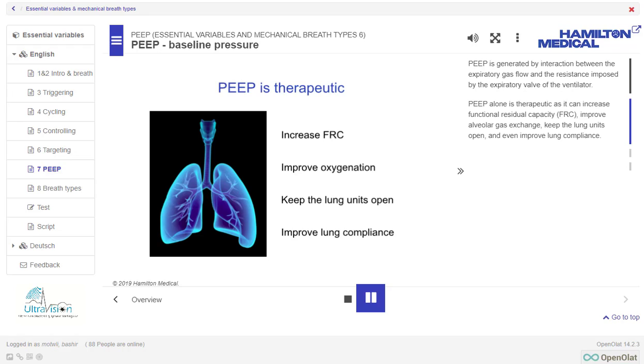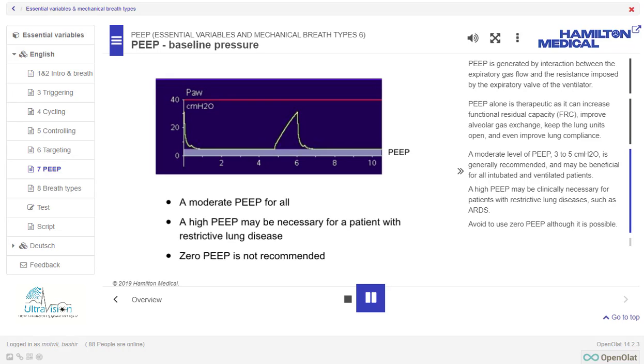PEEP alone is therapeutic as it can increase functional residual capacity, FRC, improve alveolar gas exchange, keep the lung units open, and even improve lung compliance. A moderate level of PEEP, 3 to 5 centimeters of water, is generally recommended, and may be beneficial for all intubated and ventilated patients.